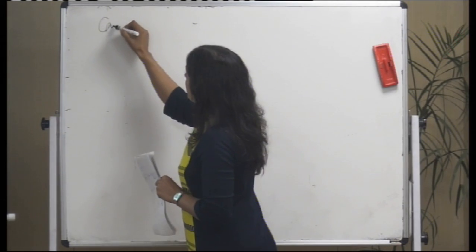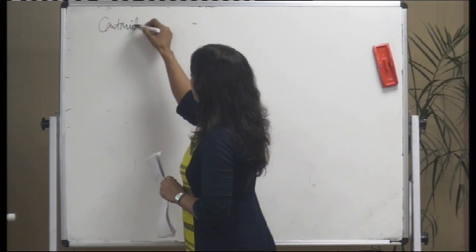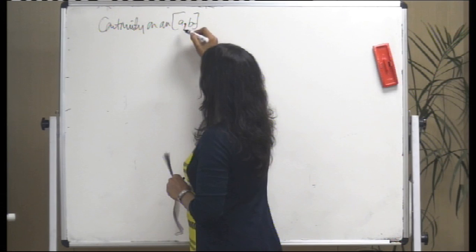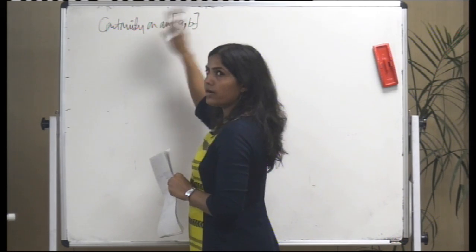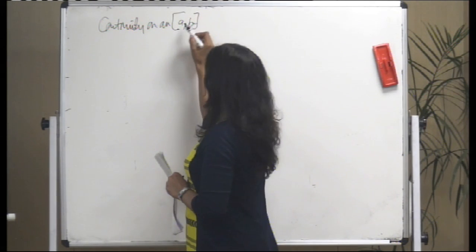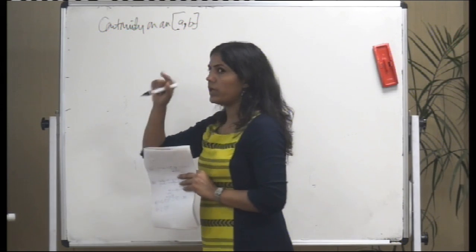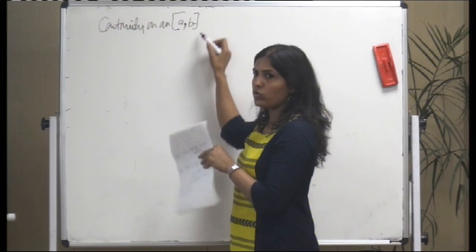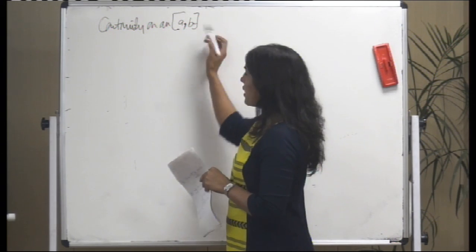Continuity on an interval. Suppose this is the interval. So A is there and the right part is there. For continuity, you will check only the right limit at that point. For B, it is there because I have made it closed. So B is there and the left part is there.